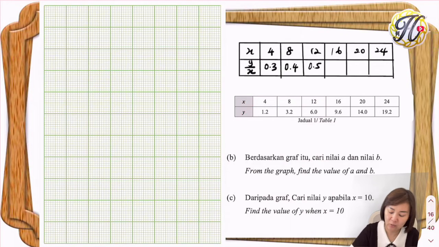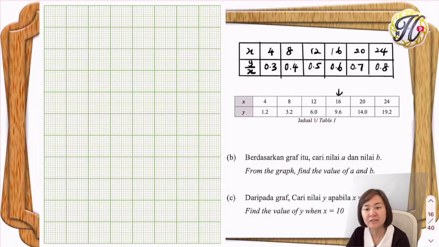Followed by 9.6 over 16, which is 0.6; you can double check with your calculator. And 14 over 20 is 0.7. And the last one, 19.2 over 24, is equal to 0.8.